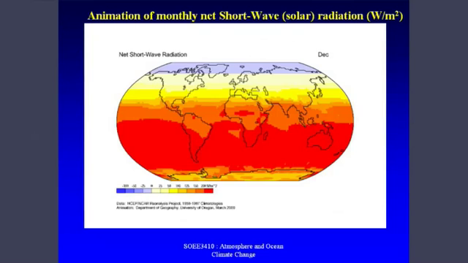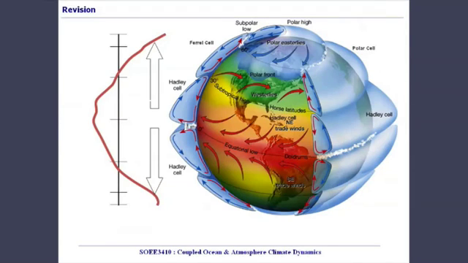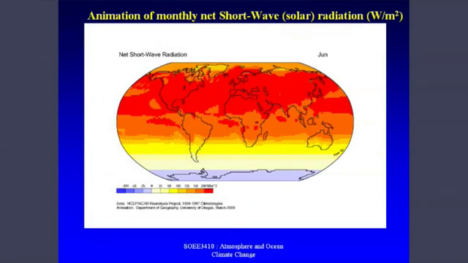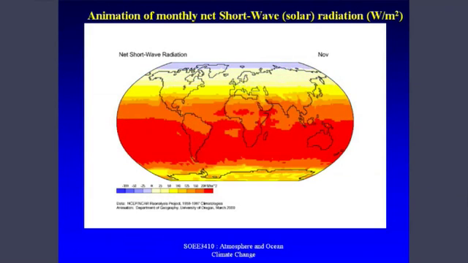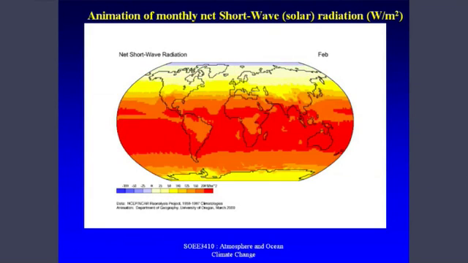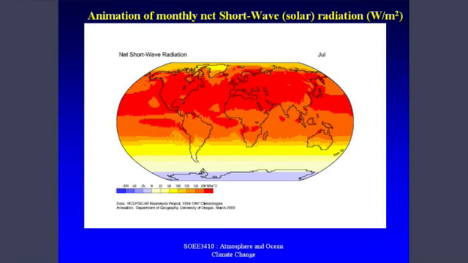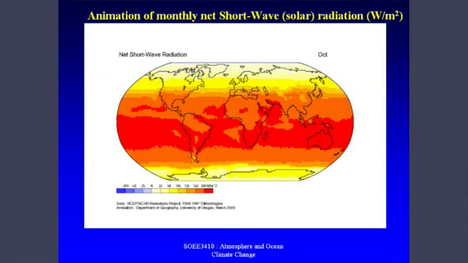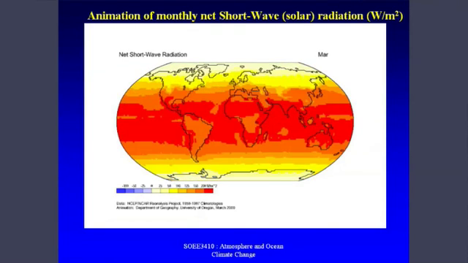Okay, next graph. This is the amount of sun at the ground taking clouds into account. This is from satellite data, I think. It's showing the annual cycle, so it's going November, December, January, February.